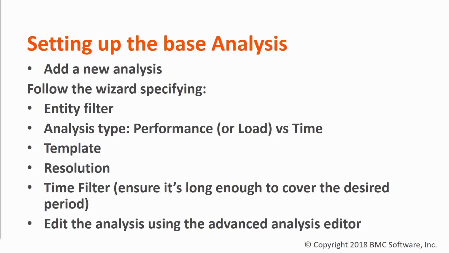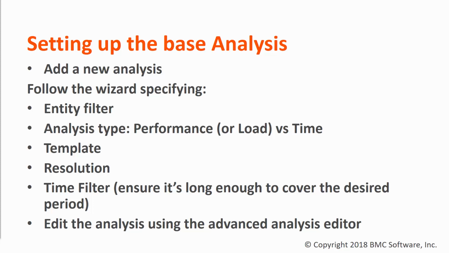Follow the wizard. Specify the entity filter to include the relevant systems or business drivers, the analysis type, so performance or load versus time, the analysis template, one that includes the metric that you want to analyze, the resolution, for example hourly or daily, the time filter, so long enough as the module of the seasonality you want to study.